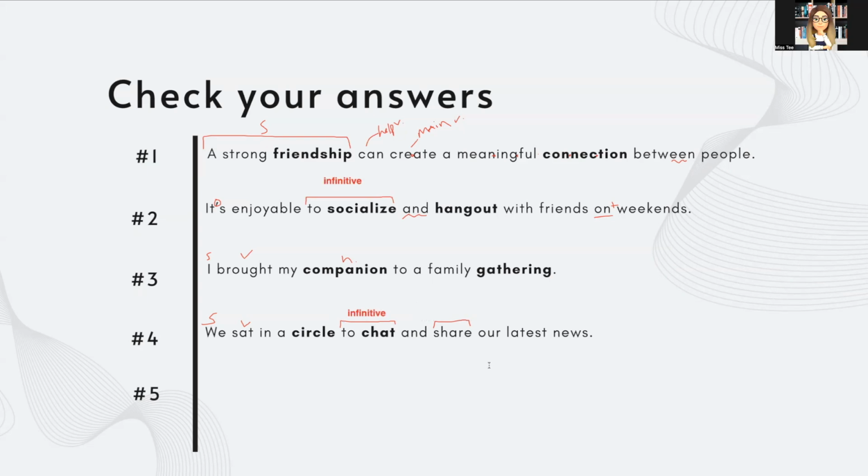And is a really good word that acts like glue because it glues together two ideas or words, just like to chat and to share. Our latest news, so news here is a noun, and latest is our adjective, or here a superlative, and then our is a possessive adjective.